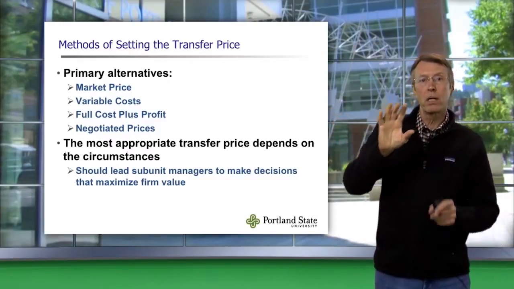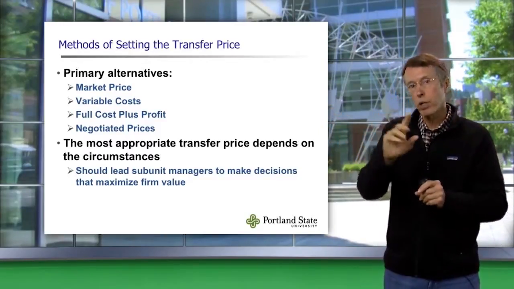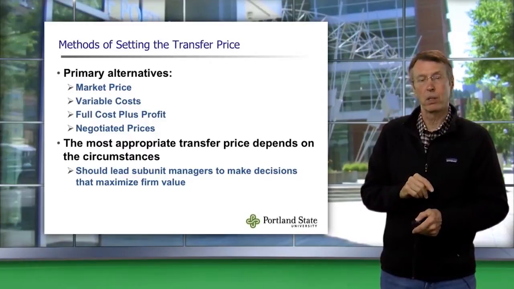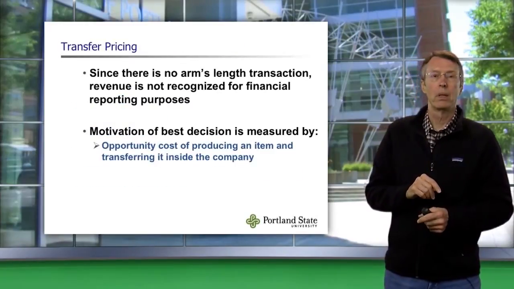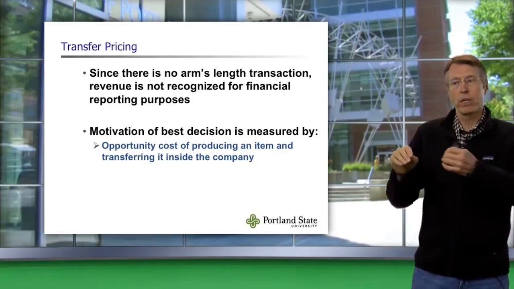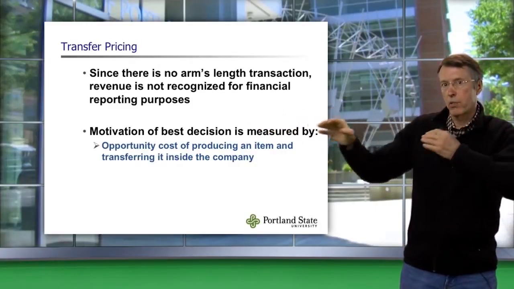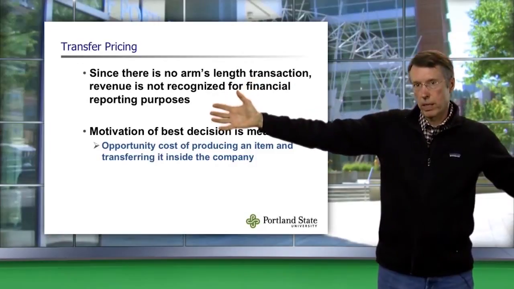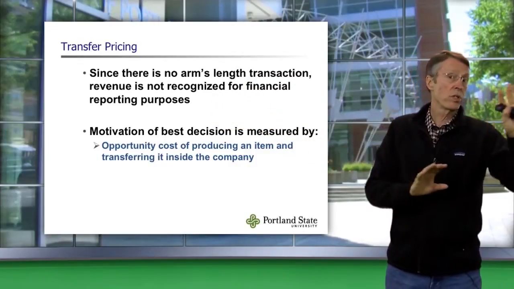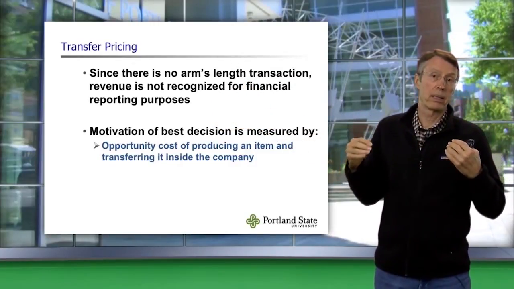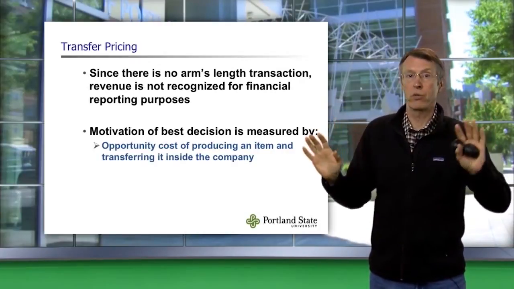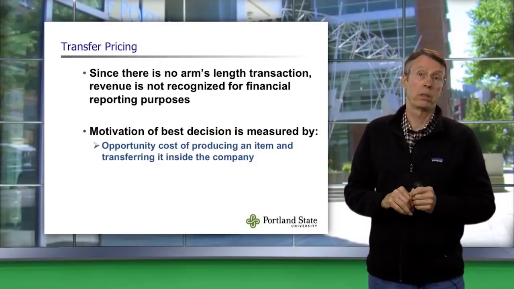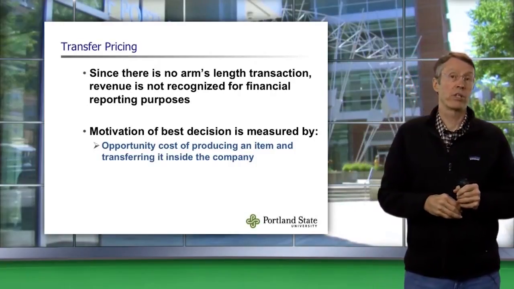It's a real tricky and sensitive area, and we're going to explore that with some case analysis here this week as well. What we need to understand here is that there's really no arm's length transaction. We're not dealing with an external customer. So this is not even an issue for financial accounting. It's not an issue for disclosing to the external financial community.